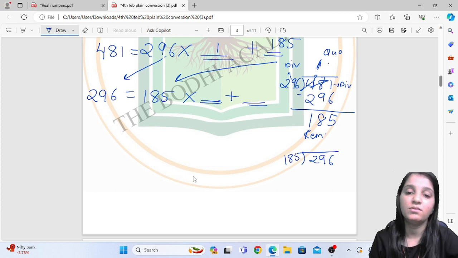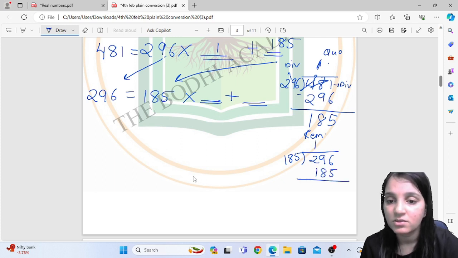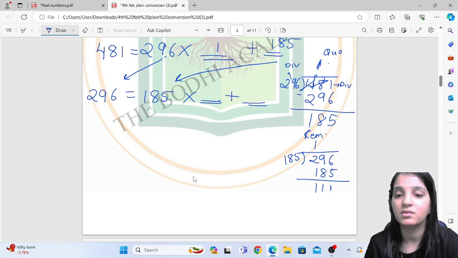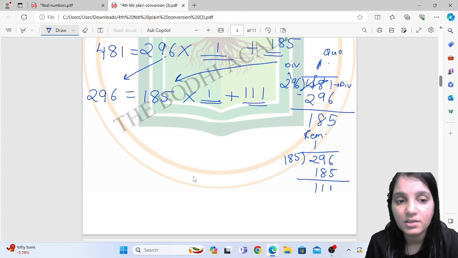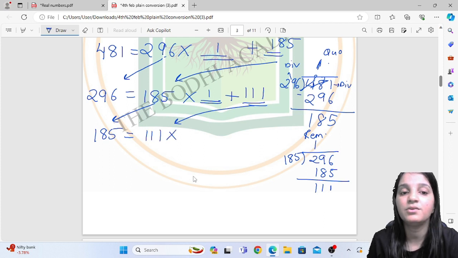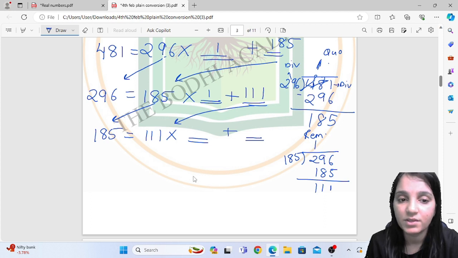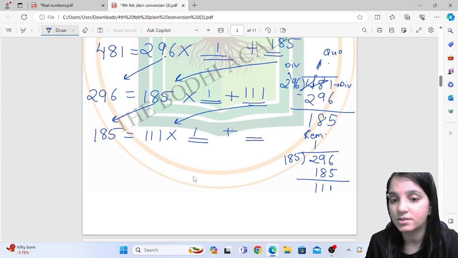185 into 185 will go above 300. So we'll do 185 ones are 185. Then you have to write here 185 equal to this 111 into 1 plus the remainder.